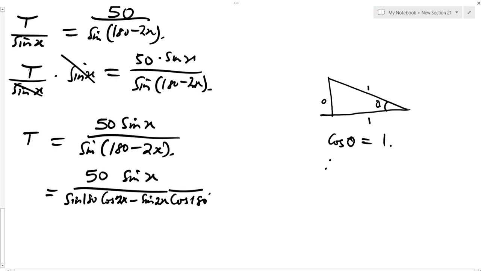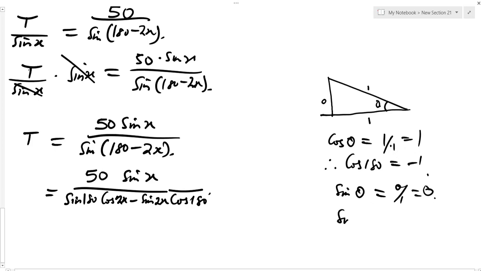Therefore cos 180 is equal to minus 1. Sine 0 is equal to 0 all over 1, which is equal to 0, which implies that sine 180 is equal to 0.